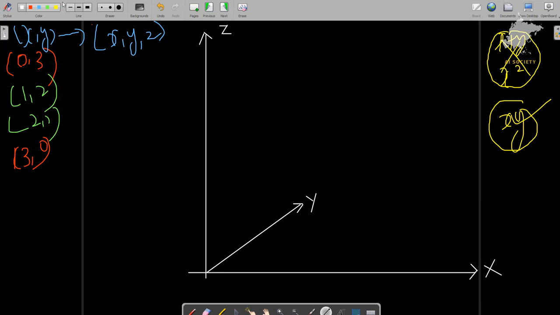When we're going to plot our data points, let's say at this point we are going to have a plane like this, which is going to contain x, y, z.